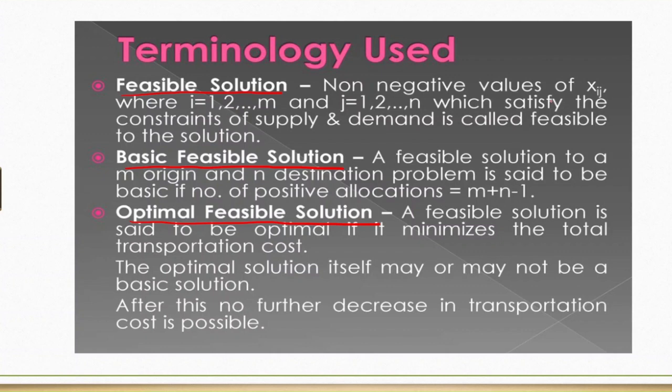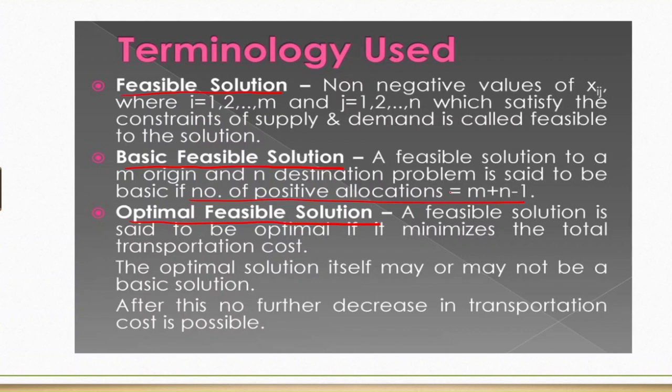Always we need a feasible solution: non-negative values which satisfy the constraints of supply and demand are called a feasible solution. A basic feasible solution is a feasible solution for an M origin and N destination problem where the number of positive allocations is M plus N minus 1.